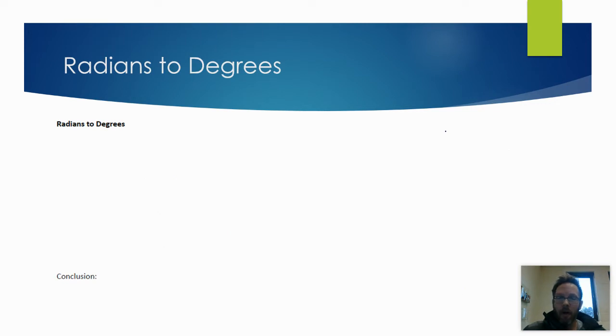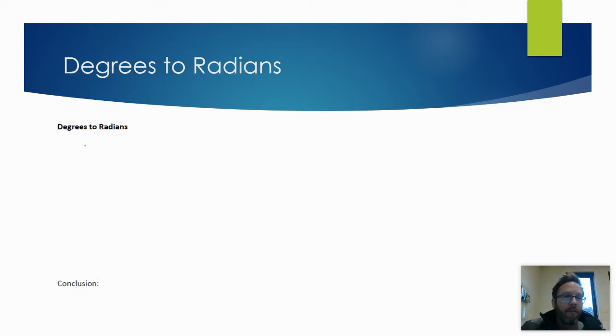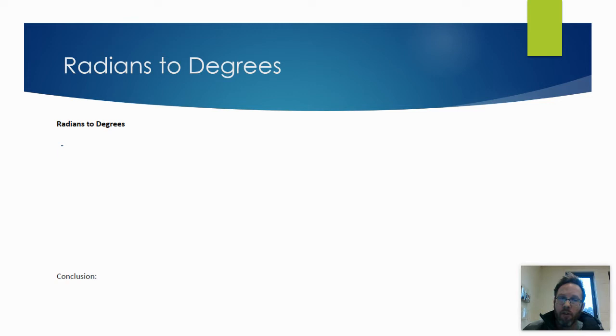Let's develop a method to go from radians to degrees, and then from degrees to radians, and then we'll start getting some practice doing a bunch of conversions. So how do we go from radians to degrees? We'll make use of the fact that 2 pi rad is equal to 360 degrees. What does that make 1 radian equal to?